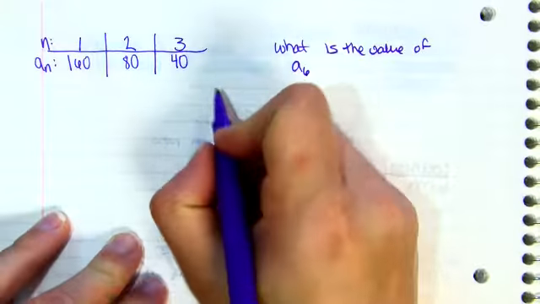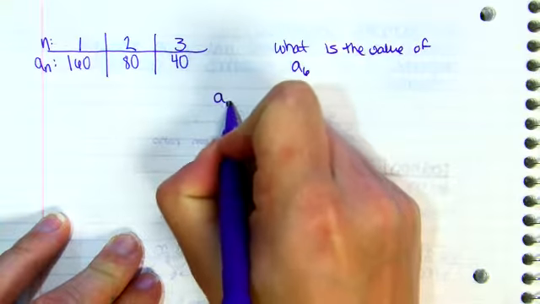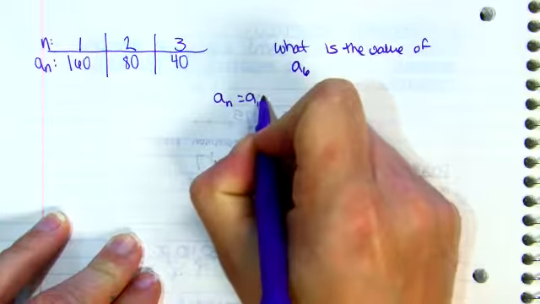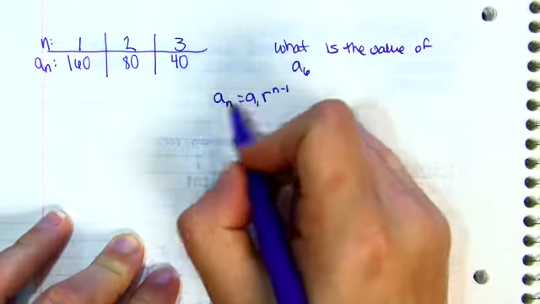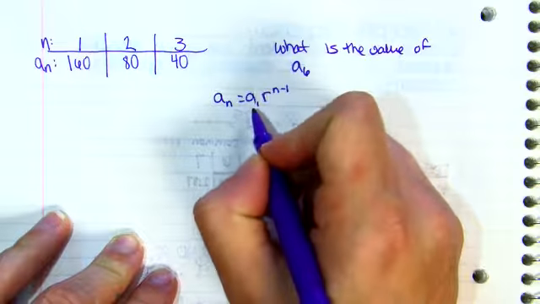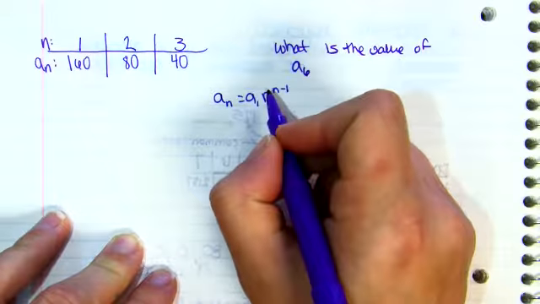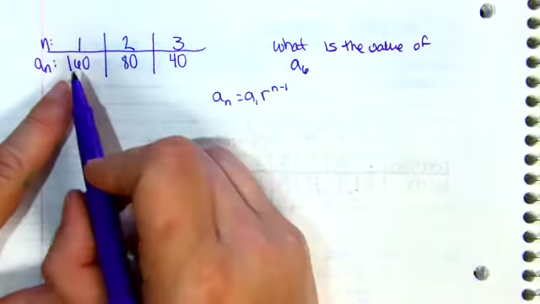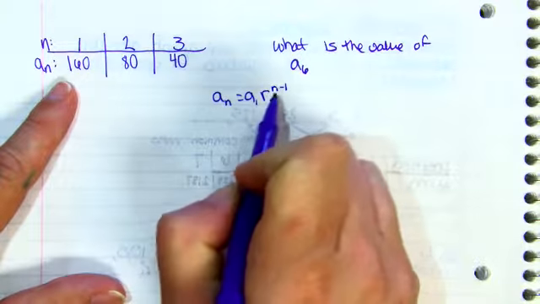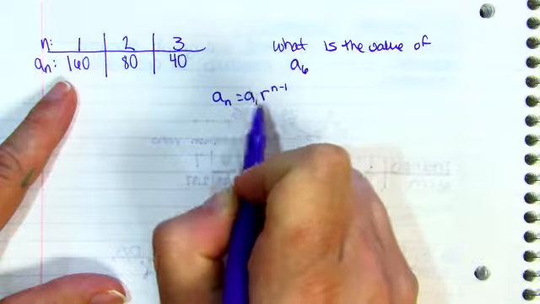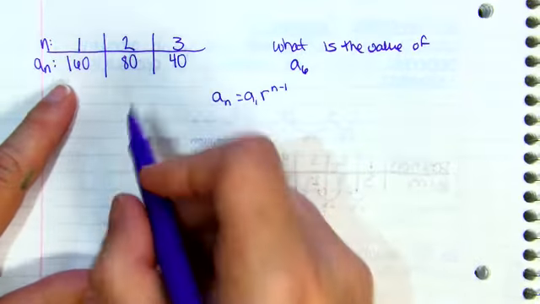So the first thing that we need to do is remember the formula. A sub n equals a sub 1 times r to the n minus 1 power. So what I'm going to need to find is my first term and my common ratio. My first term is easy to find. That's 160. It's given to me. But I also need to find that common ratio, or what I'm doing to each term to get the next.